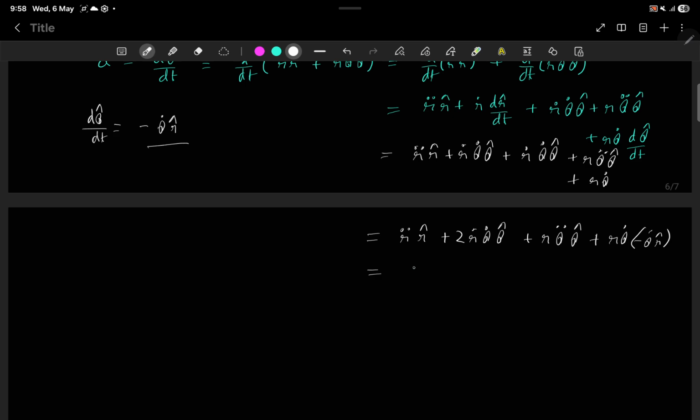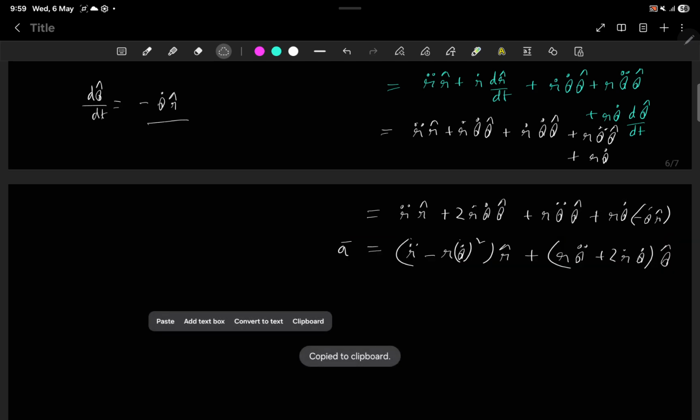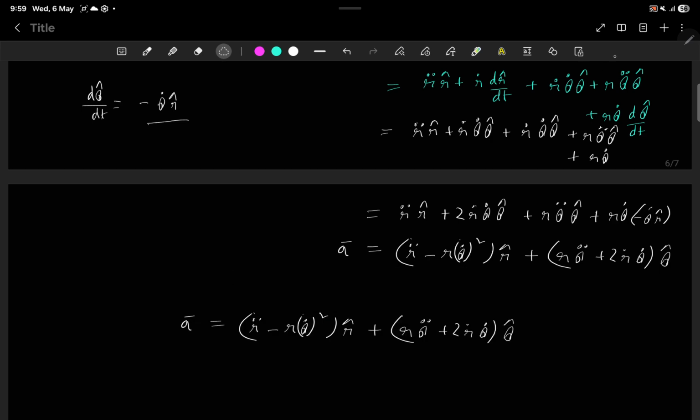So if I group r cap and theta cap together, r double dot minus r theta dot square r cap plus r theta double dot plus 2r dot theta dot theta cap. So this is my acceleration vector. Let us write it clearly.